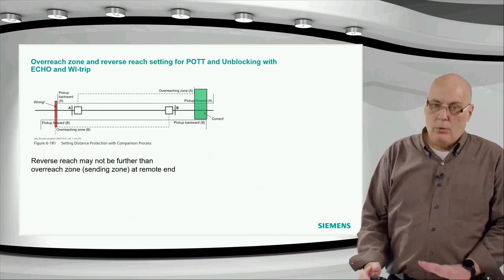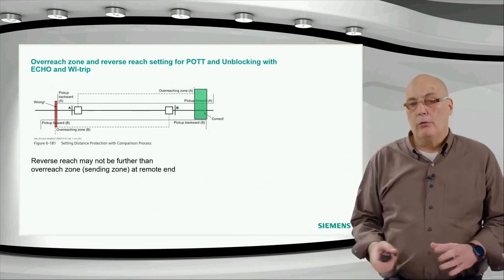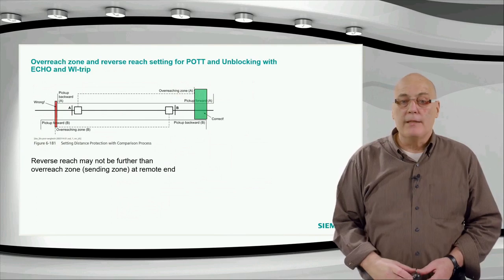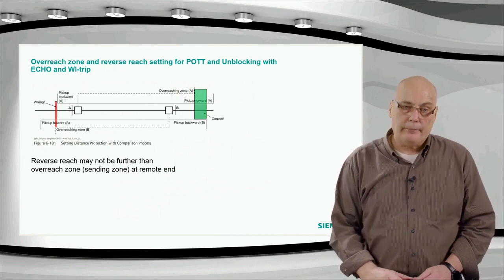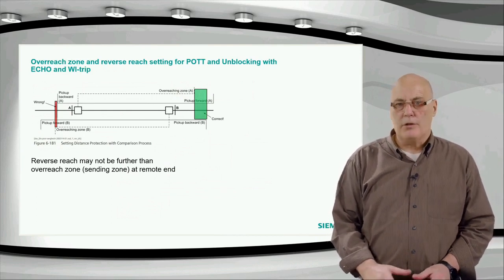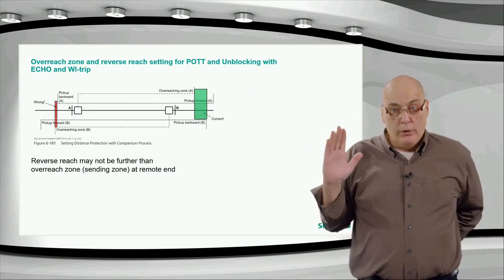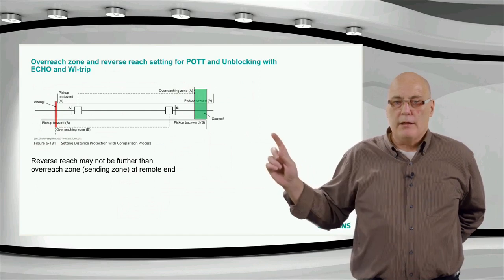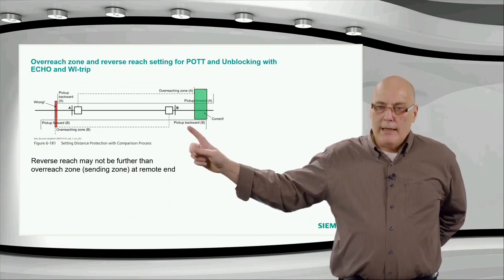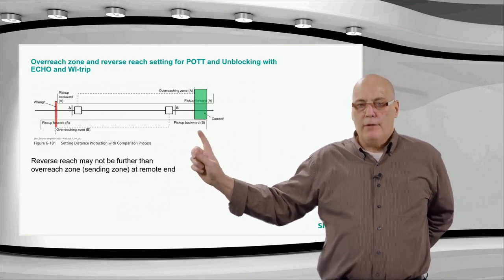The thing that we must worry about if we're going to apply the POTT together with some weak-infeed is that our zones are set correctly, and we must have a reverse reach. This is a standard teleprotection scheme, whether you're talking about blocking schemes or weak-infeed schemes or echo schemes. You must have the reverse reach, which covers the remote forward reach.